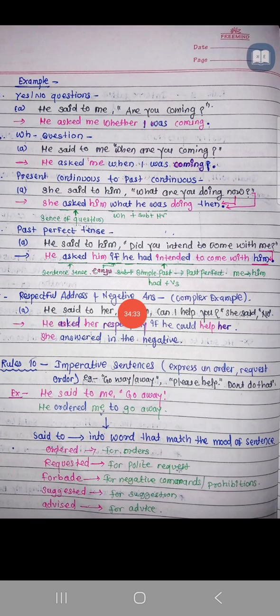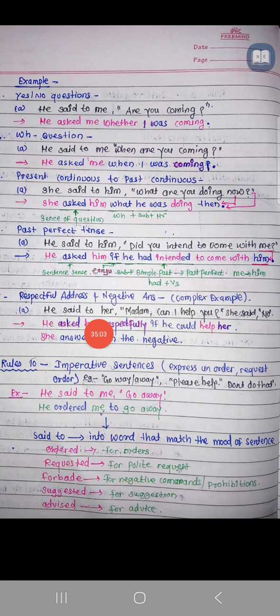Next, here is the example structure: sentence sense asked, then the conjunction if, then subject plus simple past, which converts into the past perfect. Then he, me convert into him, and the simple past into the past perfect, whose structure is had plus verb 3.